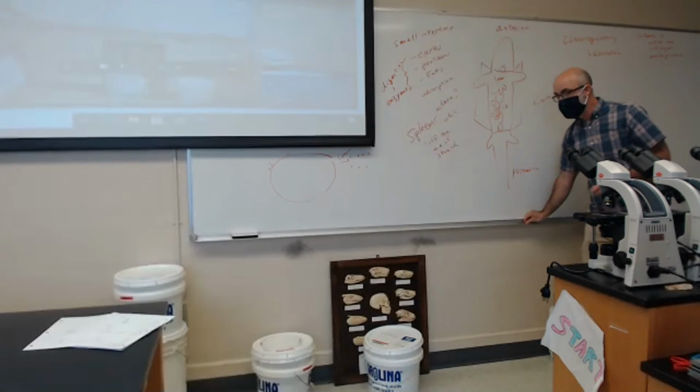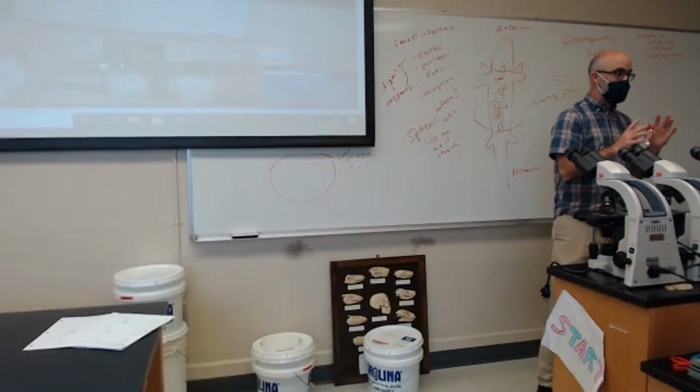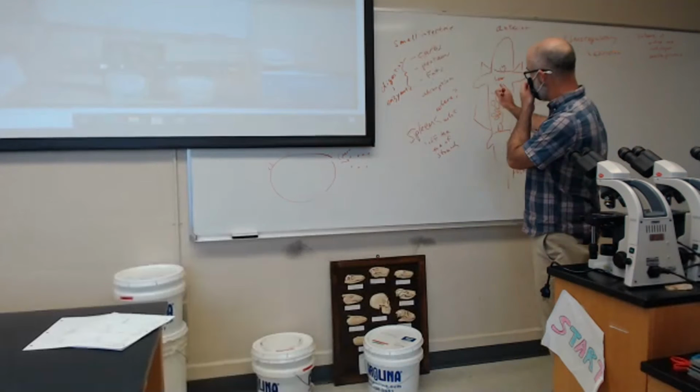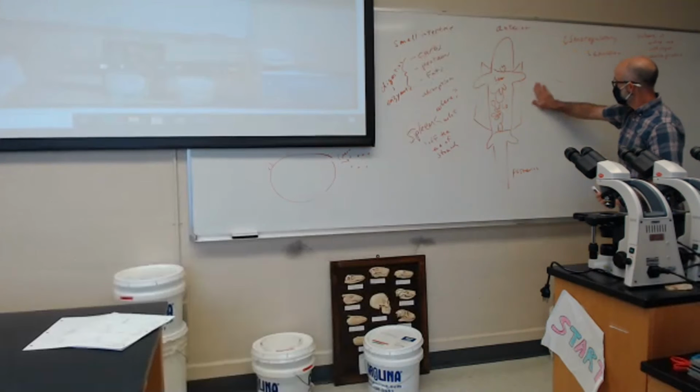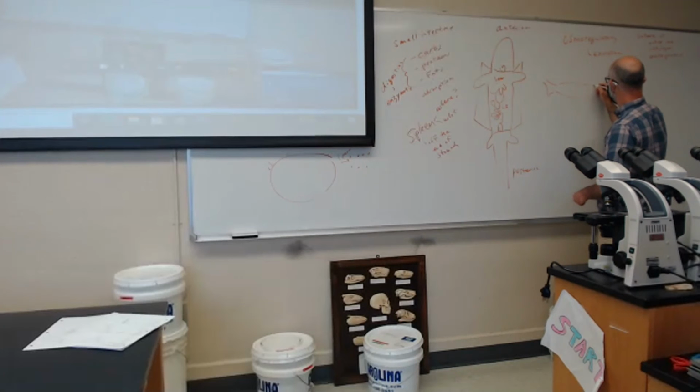Okay. So the key thing to remember about the kidney is that it's very far dorsal. So if I take this organism and put it this way, this is a shark in this case. The kidneys generally have a tendency to be more posterior, but they are very far dorsal.